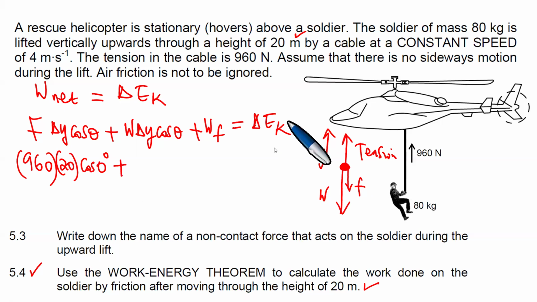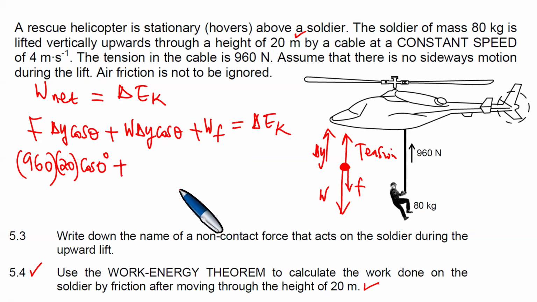Now, is the initial kinetic energy 0? Then the final is 4? Let us take a look at that.